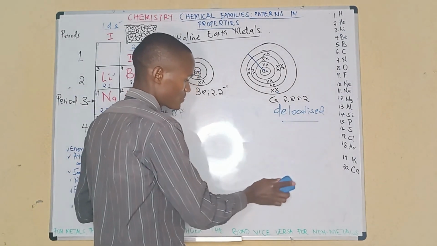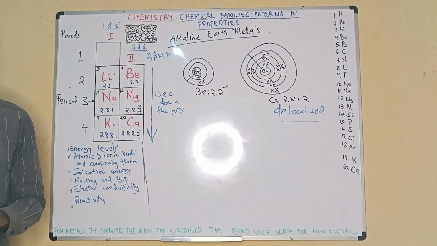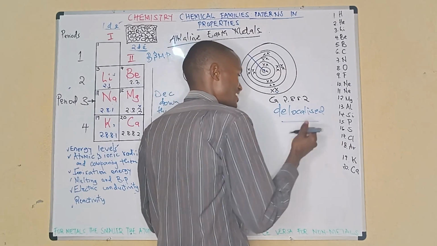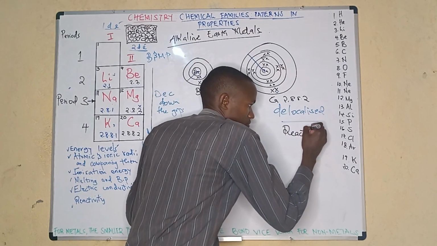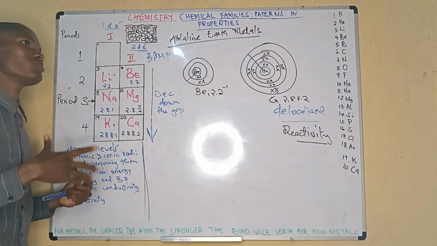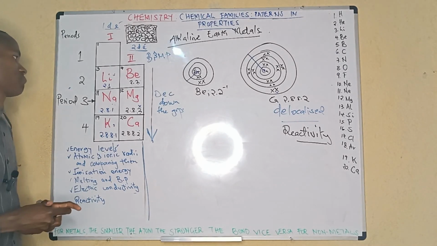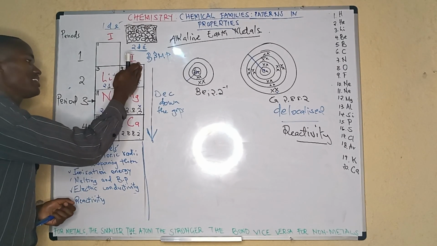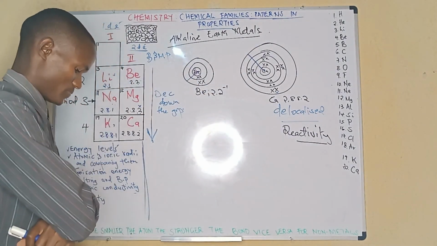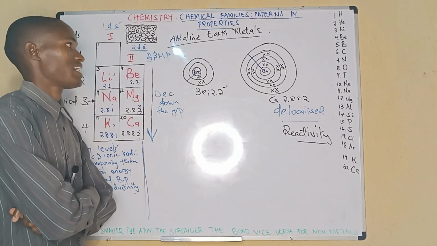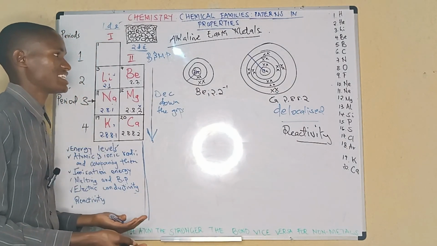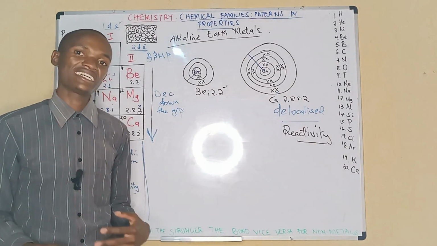Let us talk of the last factor, which is reactivity. When you say reactivity, they are just referring to how they react. Which one is more reactive than the other? Which one reacts more? Beryllium, magnesium, calcium. On the atoms you have beryllium and calcium. A reaction will take place when an atom loses or gains electrons.